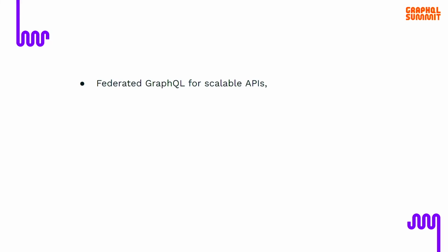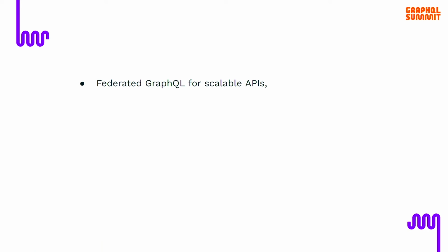And also, in conclusion, we can recap the main points that we've covered in this presentation. We've explored how adopting a federated approach to GraphQL enables you to build scalable APIs by breaking down the system into interconnected services.